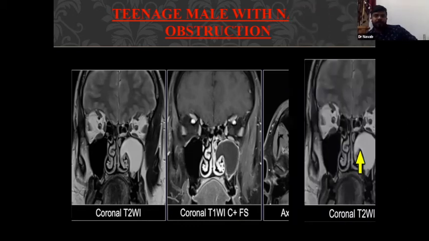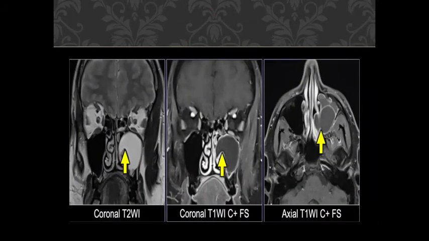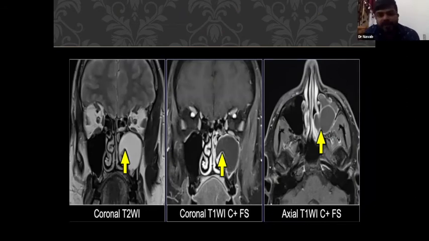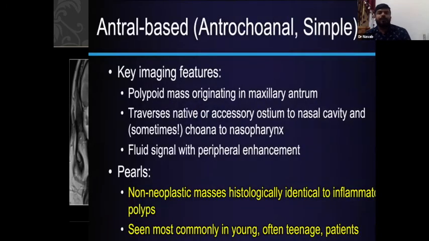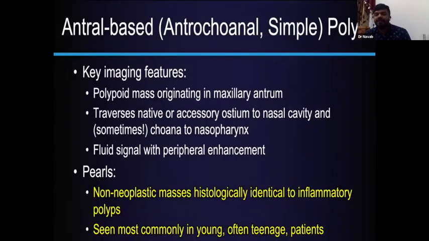Very good. So you are seeing an antrochoanal polyp, a polypoid mass originating from the maxillary antrum and extending to the choana posteriorly. We will see only the peripheral enhancement, right?